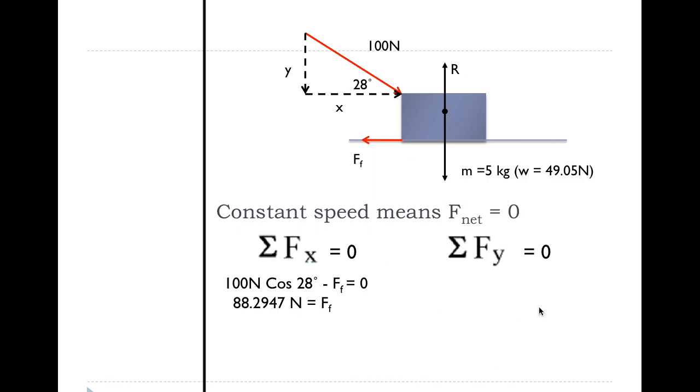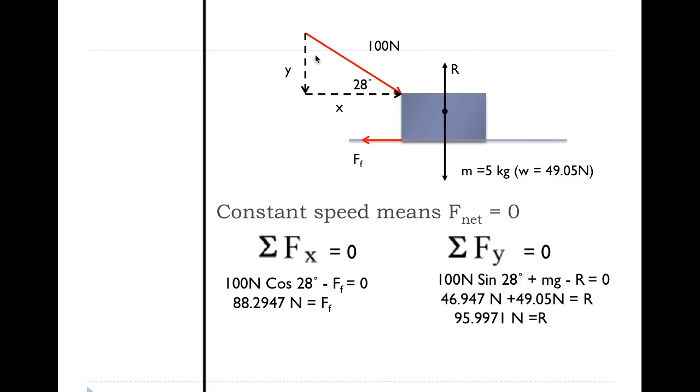Over here for the y components, we are going to look over here and see whether or not we have to add or subtract our vectors. We have the y component here going down, which is 100 newtons sine of 28 degrees, plus the same direction is the weight, so we're going to add that, 49.05 newtons.